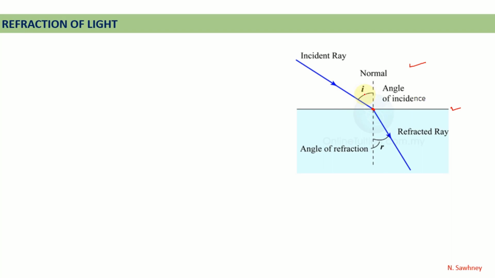The angle which the incident ray is making with the normal, let it be represented by I, that is angle of incidence. Now the refracted ray is making an angle with the normal, let that angle be represented by R. As you can see in the figure, the direction of the incident ray changes at the interface.